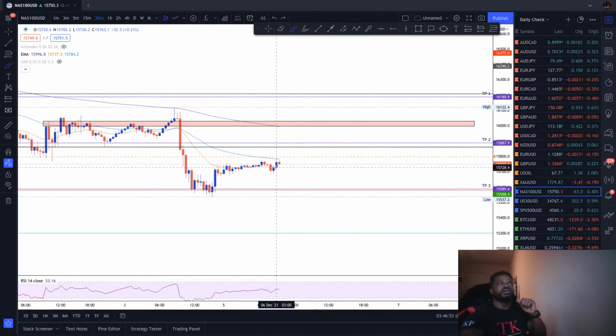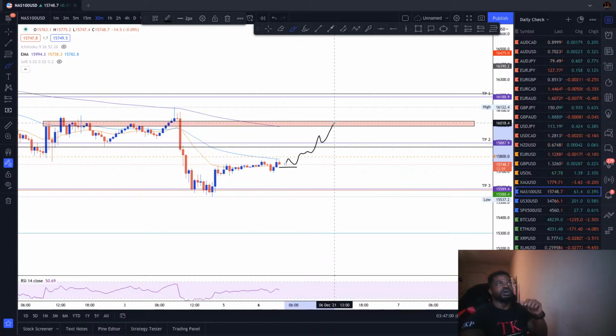So those are just different possibilities. We could also reject here and continue to move to the upside.